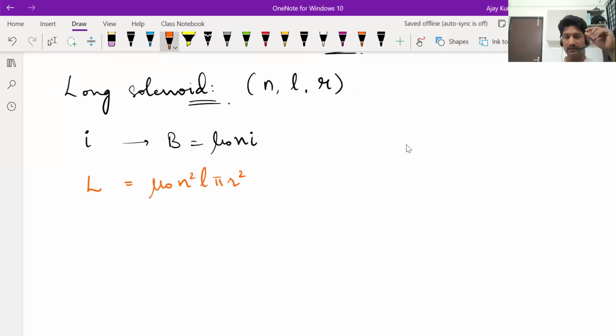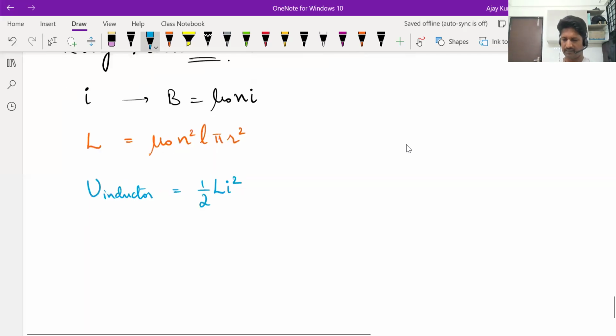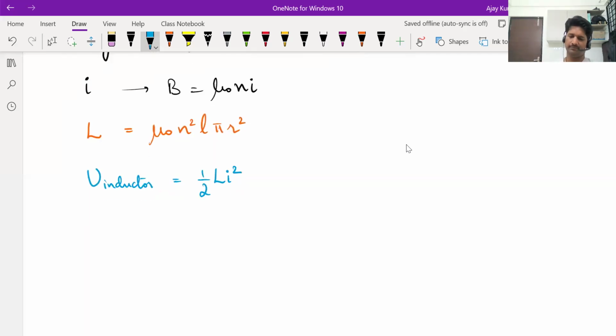Okay. Now tell me, what is the formula for energy stored in an inductor? It is half L I square. So when a current I flows through the inductor, the energy stored in it is half L I square, where L is the self-inductance of that coil. Fine.